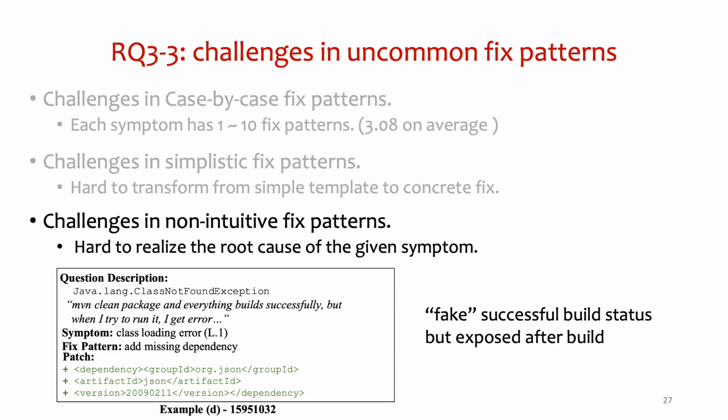It's quite difficult for developers to realize that the error comes from the build process, because this error triggers after the build with a fake successful build status. In this example, the root cause is that the dependency library is not correctly included in the compilation phase, and therefore, to fix this issue, the developers have to add the library back.